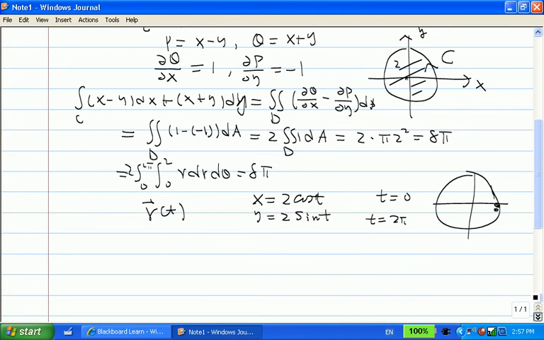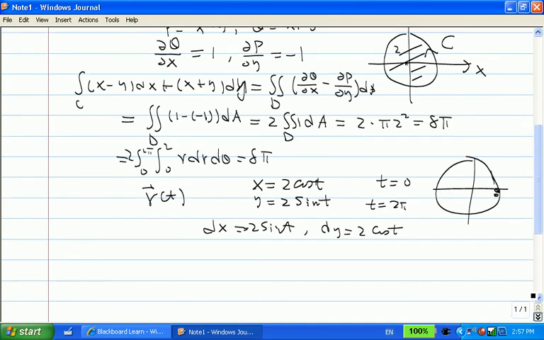Okay, so we have to find dx. dx is negative 2 sine t dt. dy is 2 cosine t dt.